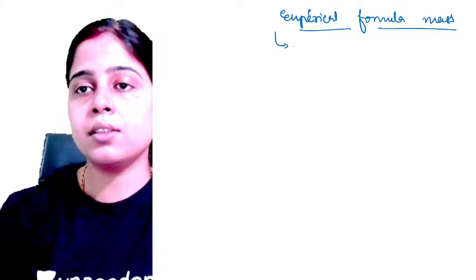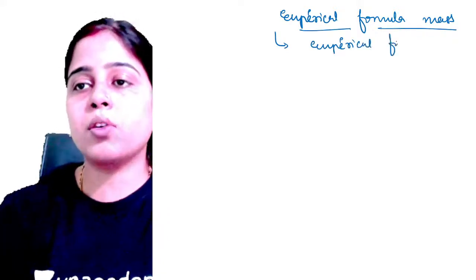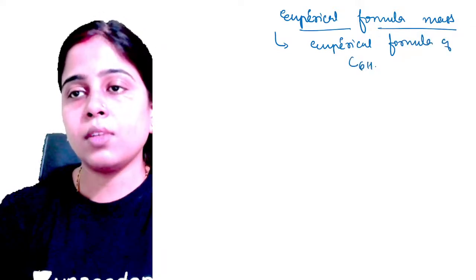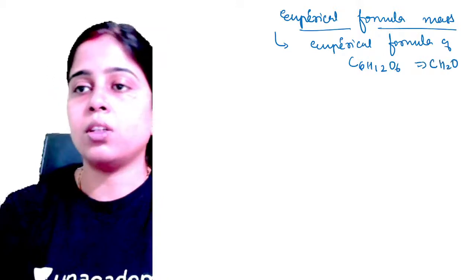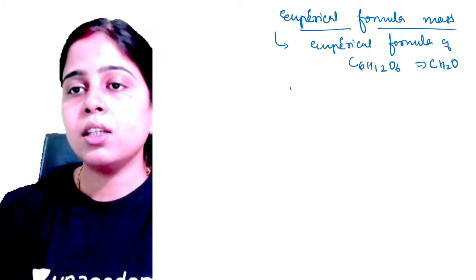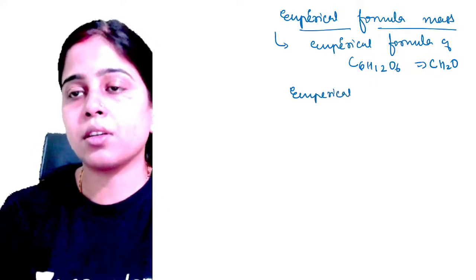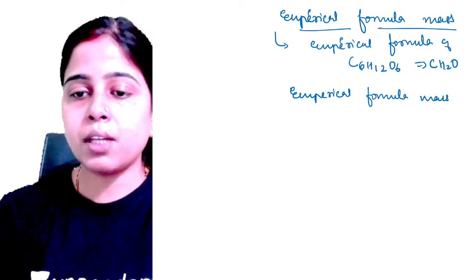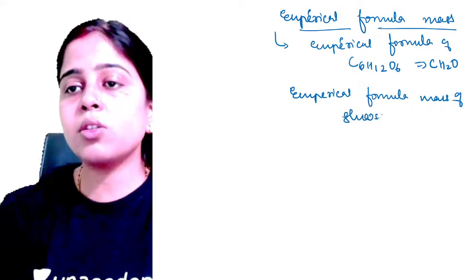For example, the empirical formula of glucose, which all of you know: C6H12O6 is CH2O. Now if you find the empirical formula mass of glucose, you just need to do one thing.